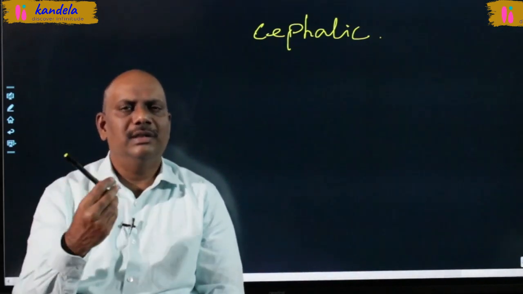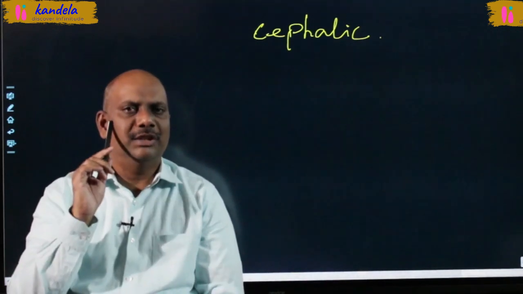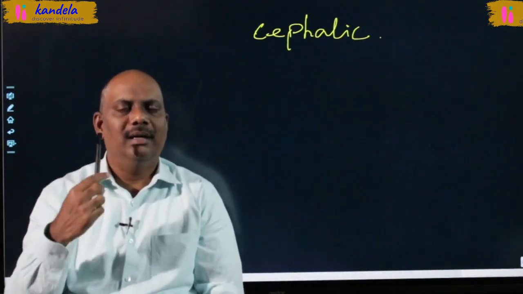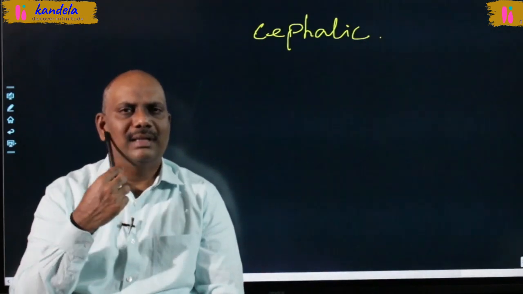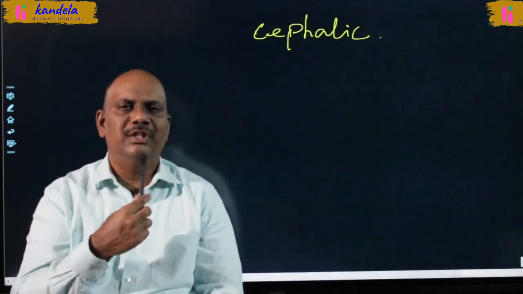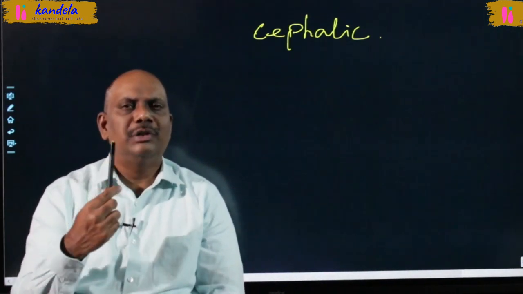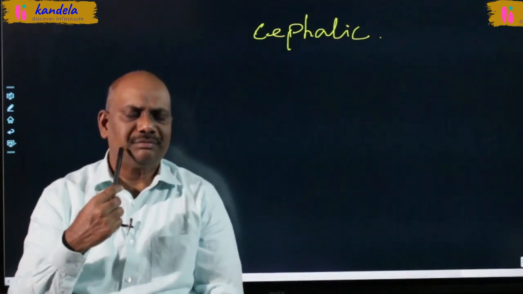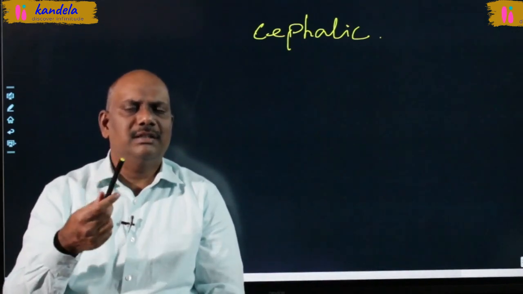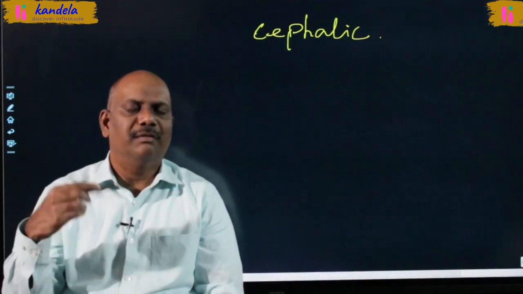There are a few more things to discuss in this cephalic region. That will be followed by the dentition, teeth. How the teeth are arranged in the lower jaw. Is there any evolutionary importance in that? After finishing that, we shall discuss the post-cephalic or post-cranial features, everything below the head.